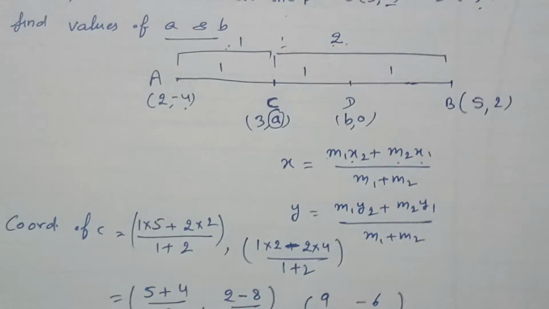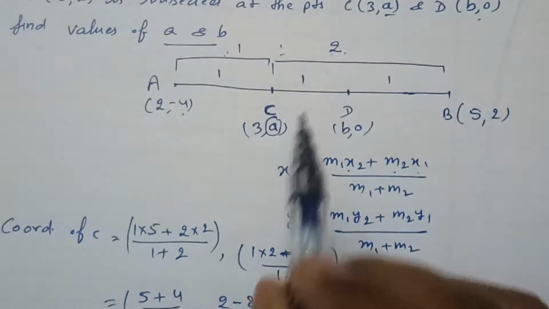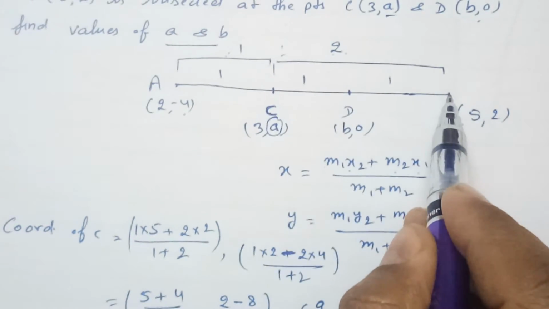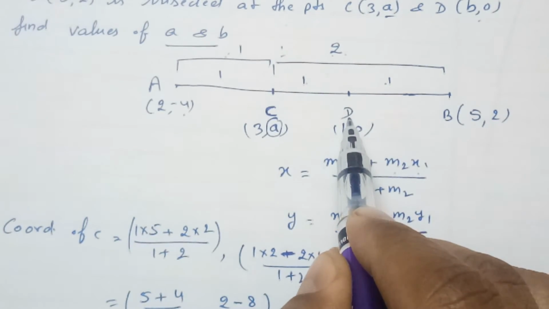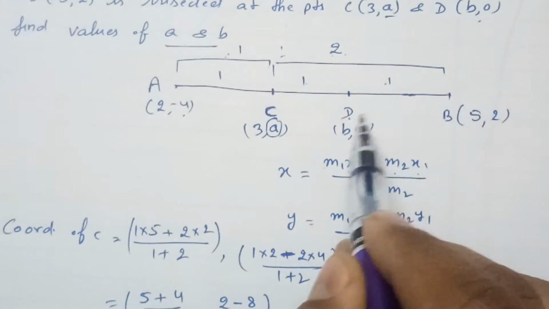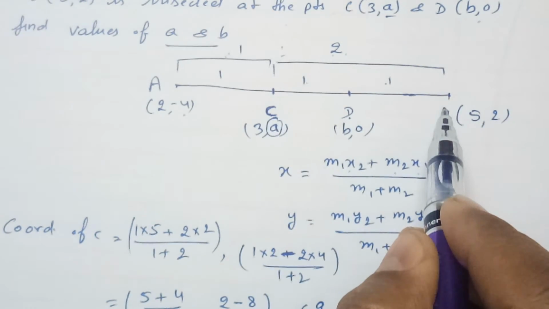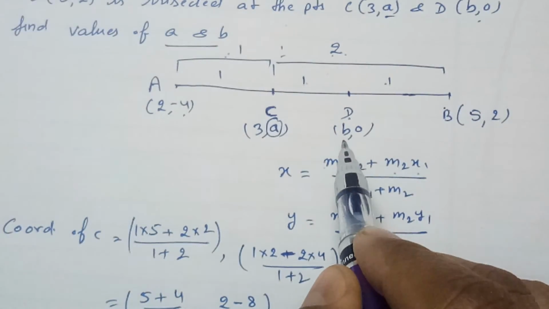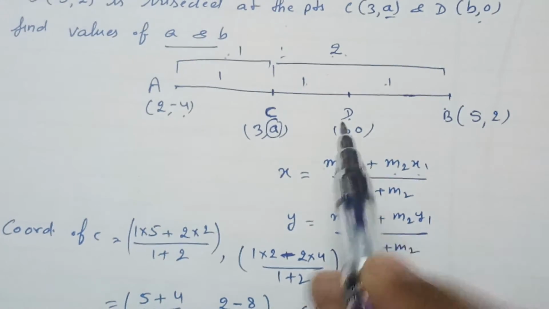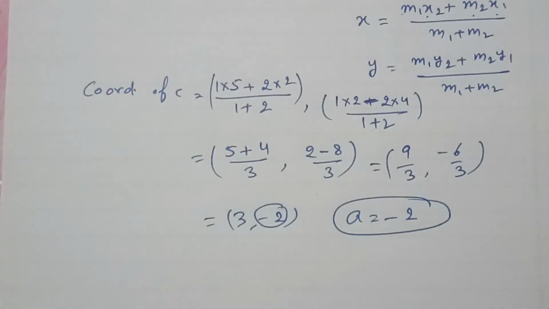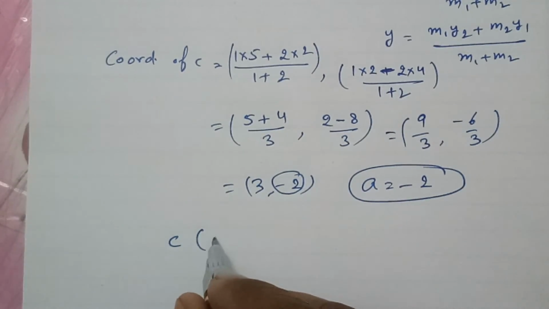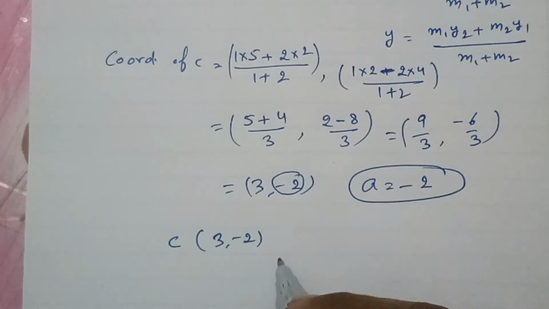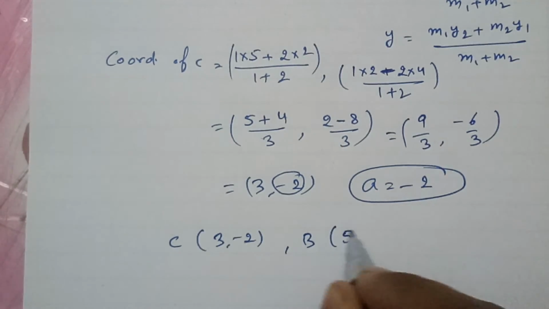Now, the point D divides CB in the ratio 1:1, which means D is the midpoint of C and B. So by the midpoint formula we can find the coordinates. The coordinates of C are now 3 and -2, and the coordinates of B are 5 and 2.